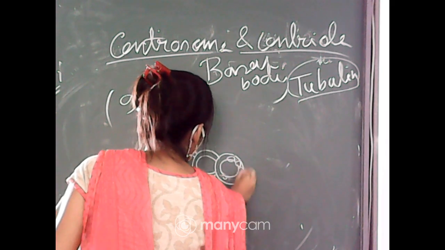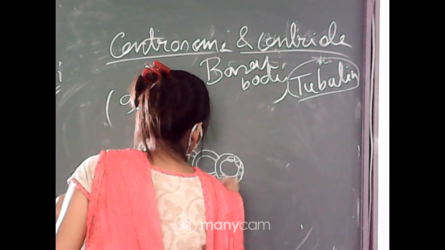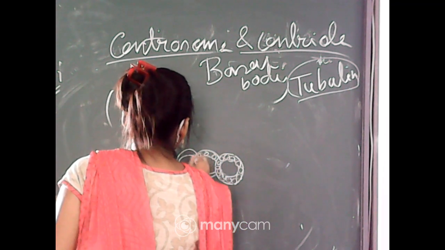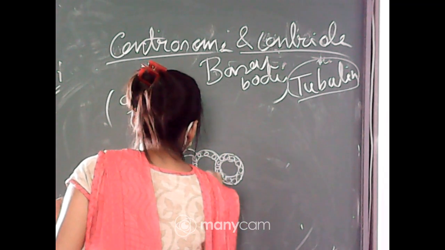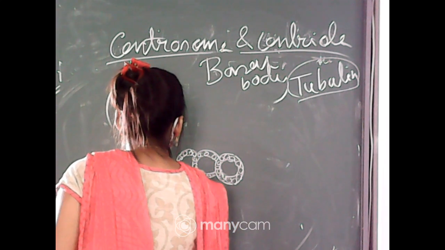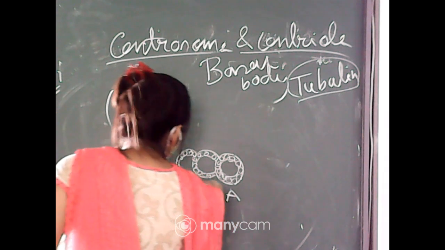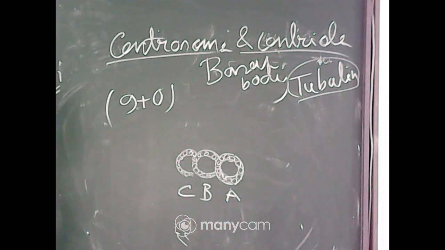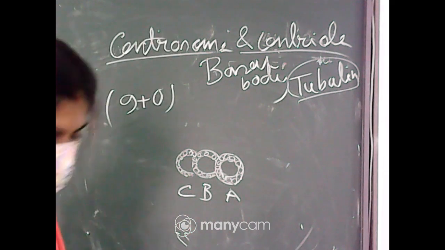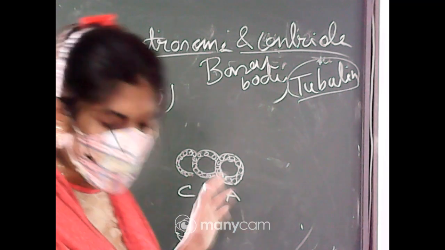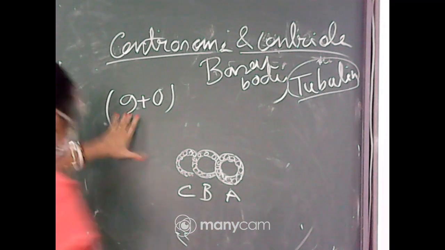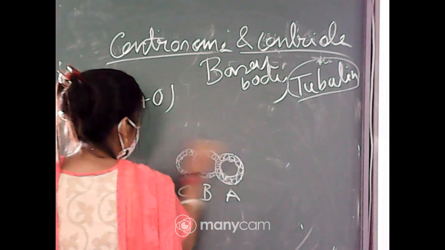So these triplet structures, A, B, C, can be found. We can say that 9 peripheral triplet fibers of tubulin protein are present.